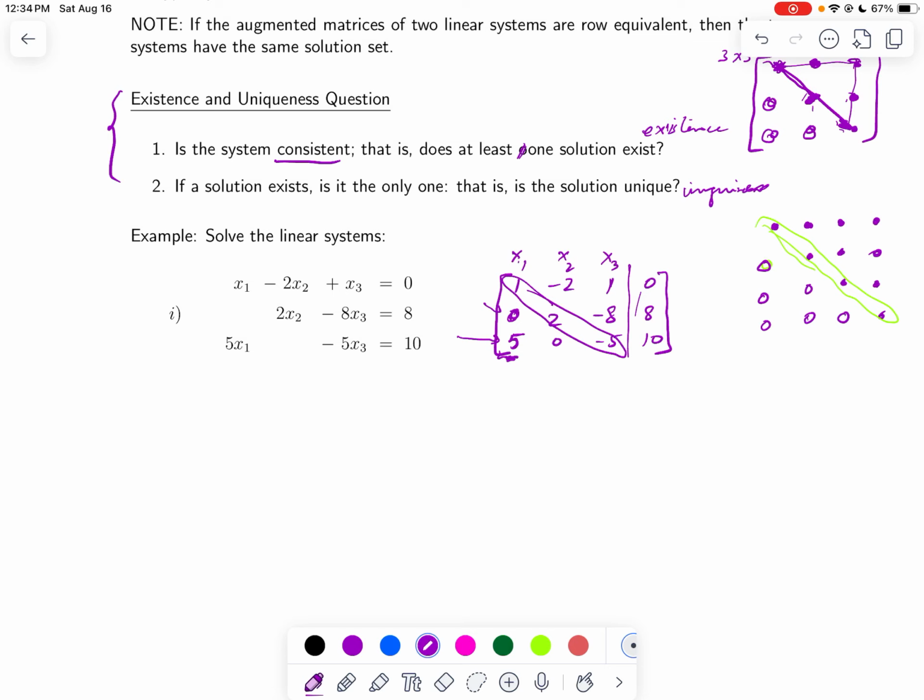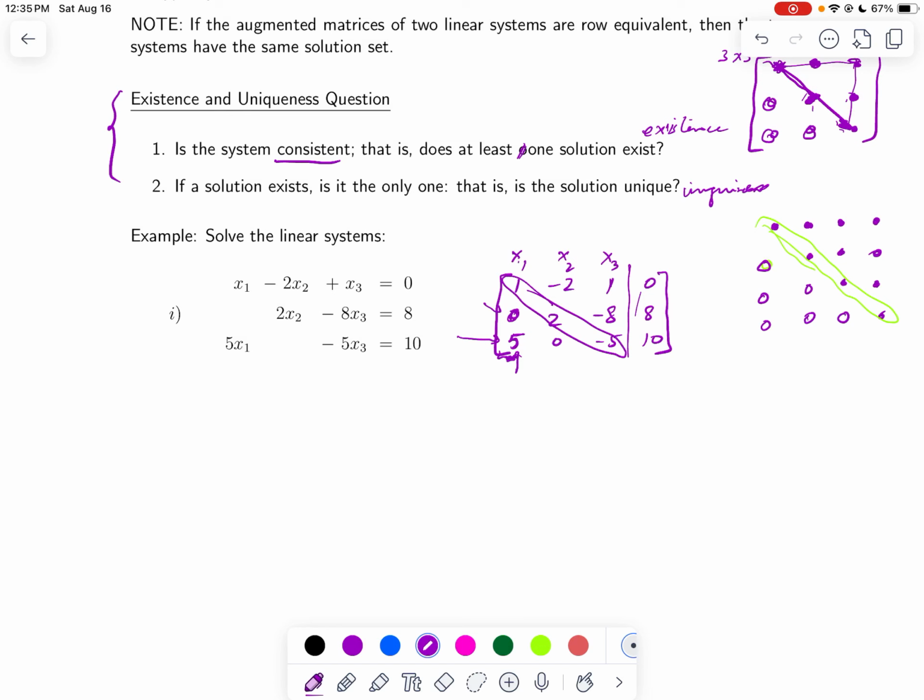I cannot make it zero by multiplying by anything because we are not allowed to multiply by zero. The only choice that remains is the third operation, which was adding a multiple of another row to the third row.